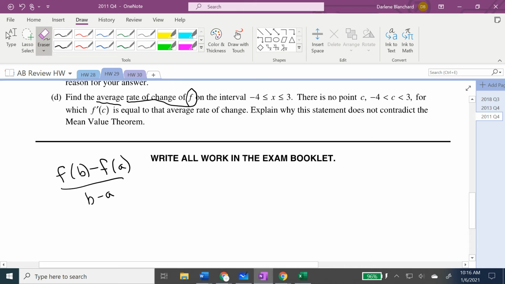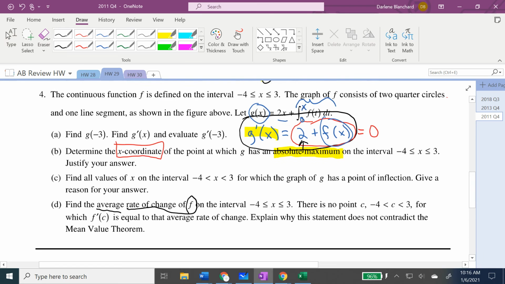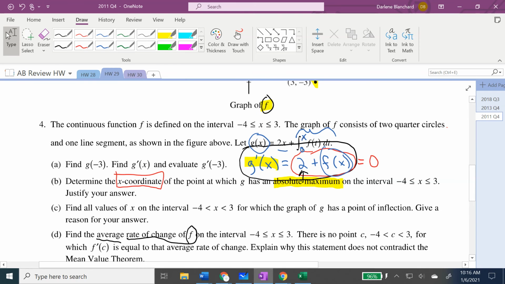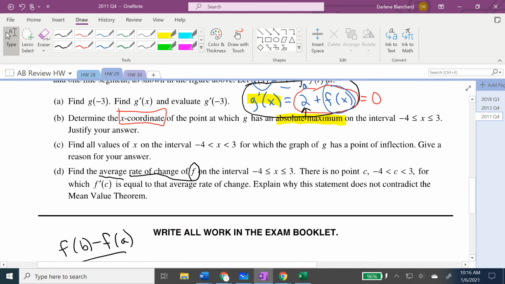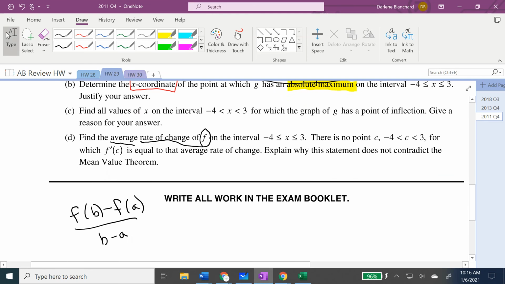Now I'm going to look and see, do I have the information I need to be able to say this? I have the graph of f. Am I going to be able to find the values of f at 3 and -4? And I can. So this formula will be the right way to go. You have to always look at how did they present the function, what information did they give in order to decide if you need to go this route.